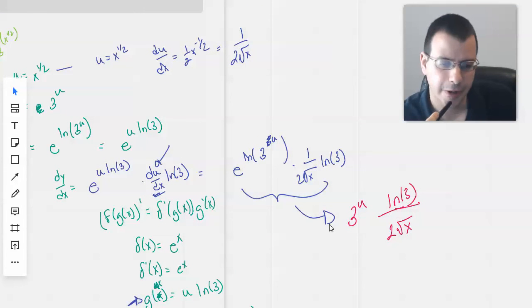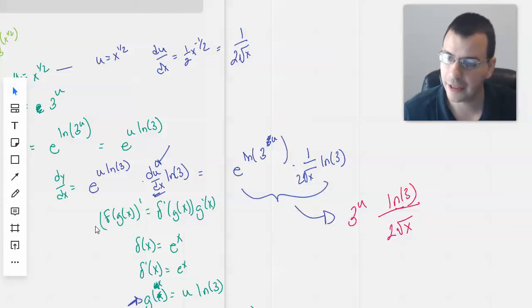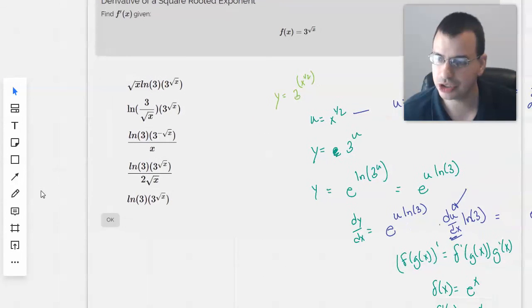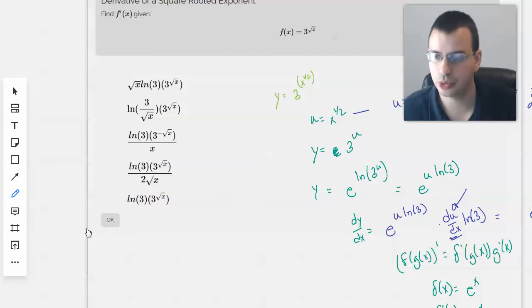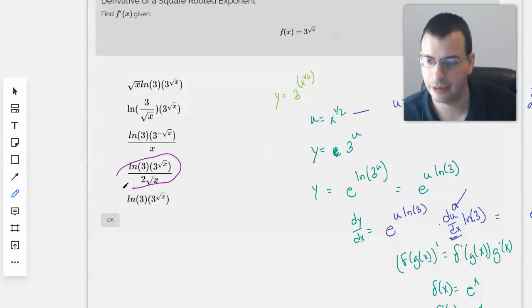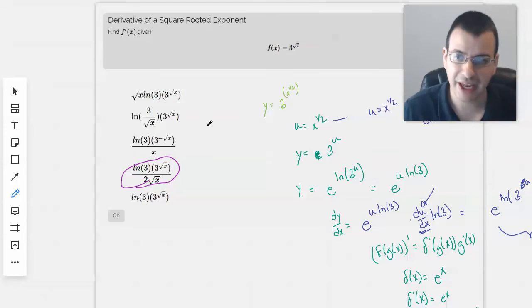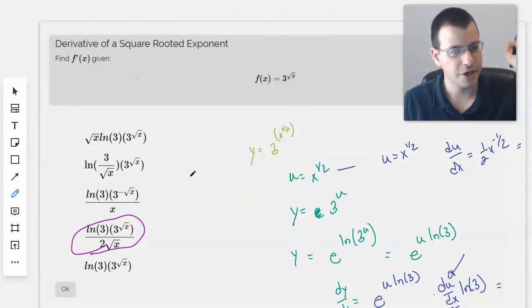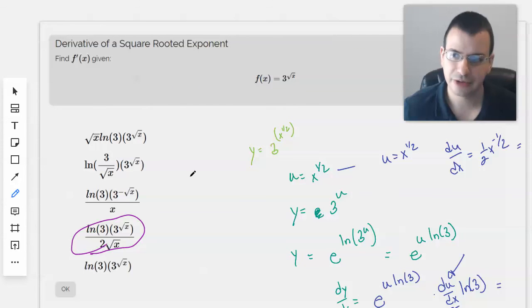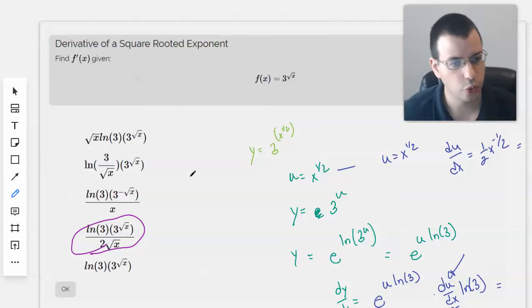Go team. Plugged everything back in, we got an answer, and then we solved it. That is how you solve x in the exponent type problems, and even the more complicated exponent problems with square roots involved.